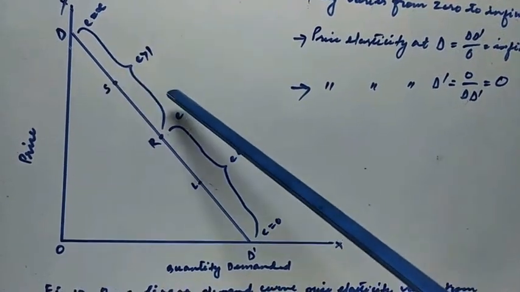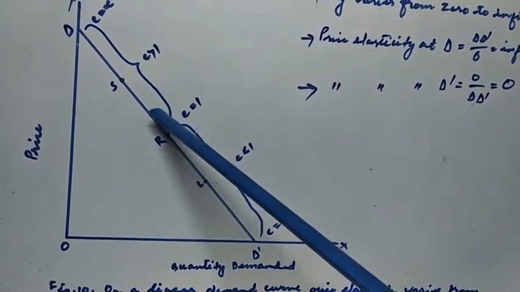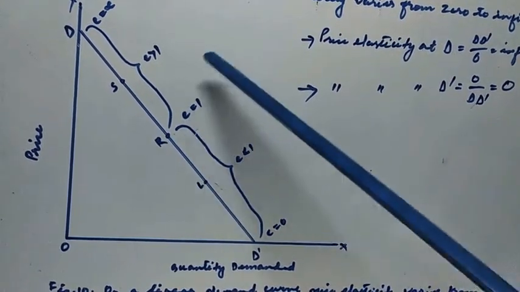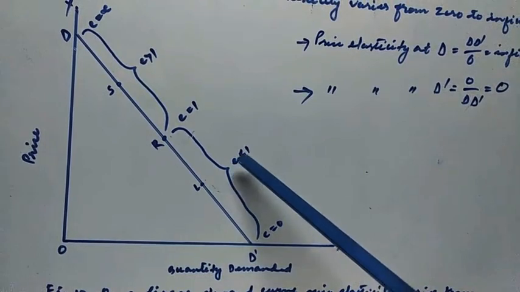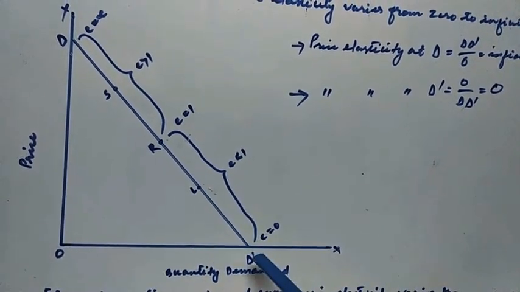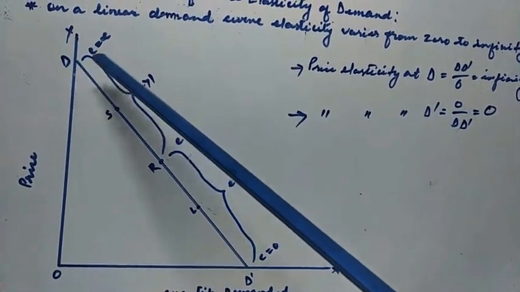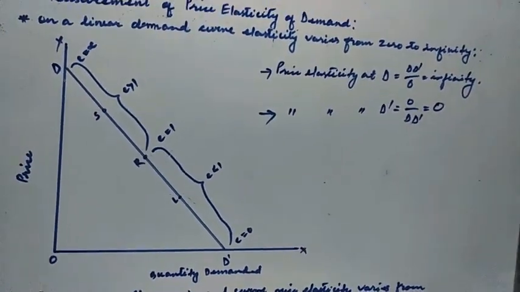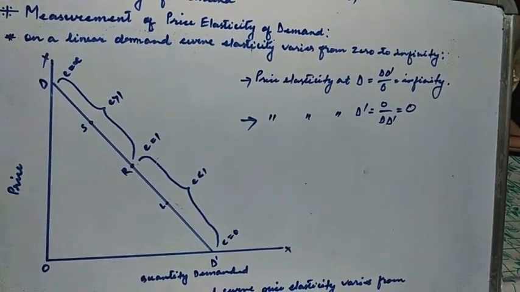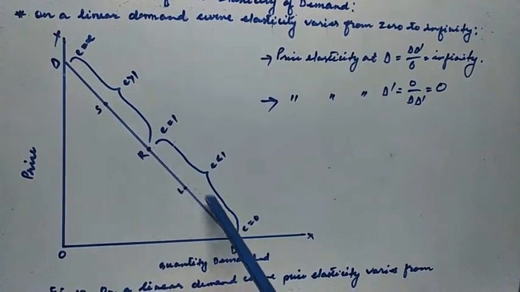This area is elasticity greater than 1. Here price elasticity is equal to 1. And in this area, price elasticity is less than 1. At point D dash, elasticity equals 0, and at point D, elasticity equals infinity. So those are the different elasticities at different points on the linear demand curve.